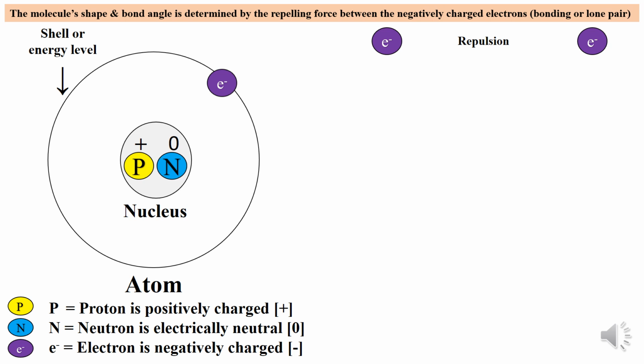Now let me explain how the repulsion between the negatively charged electrons decides the molecule's shape and bond angle with respect to water molecule. Molecular formula of water is H2O. Now water molecule has two hydrogen atoms and one oxygen atom. The oxygen atom is covalently bonded to two hydrogen atoms, and this is shown by a solid line.